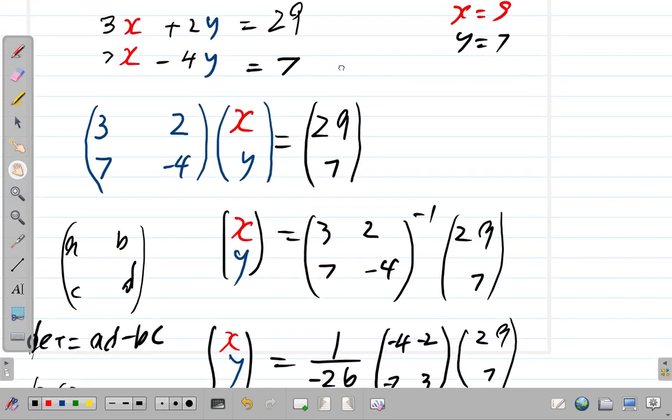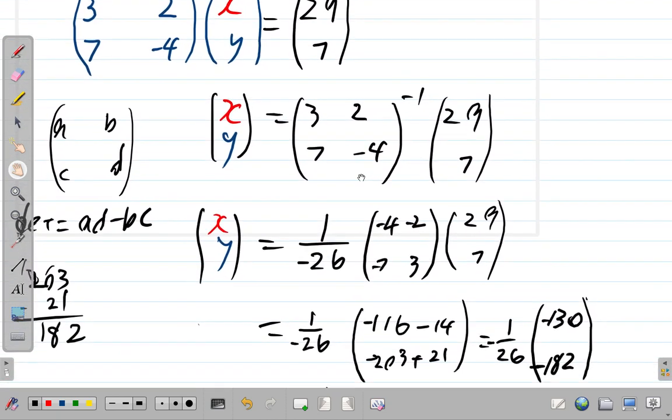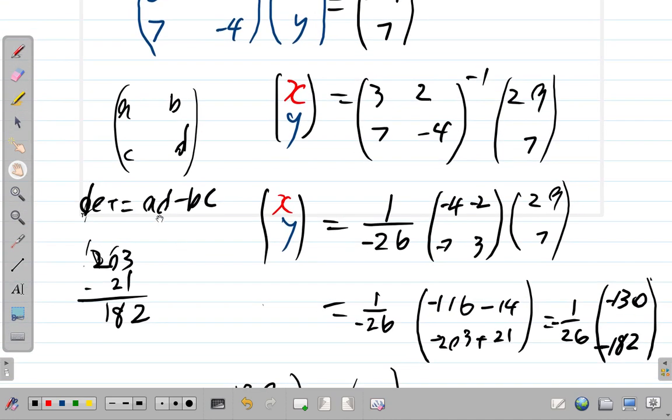Now, if you look at what we did here in finding the determinant of the 2 by 2 matrices, we did AD minus BC. We said this times this minus this times this.